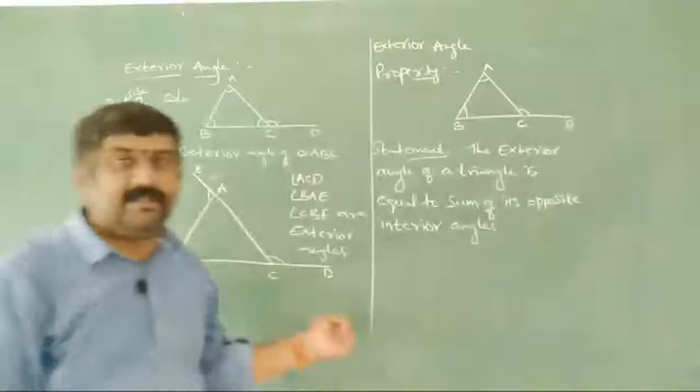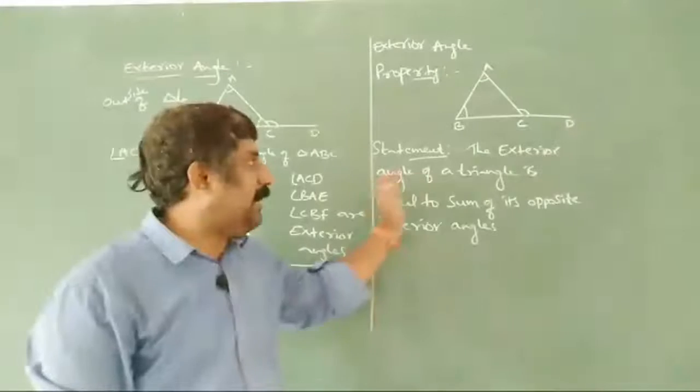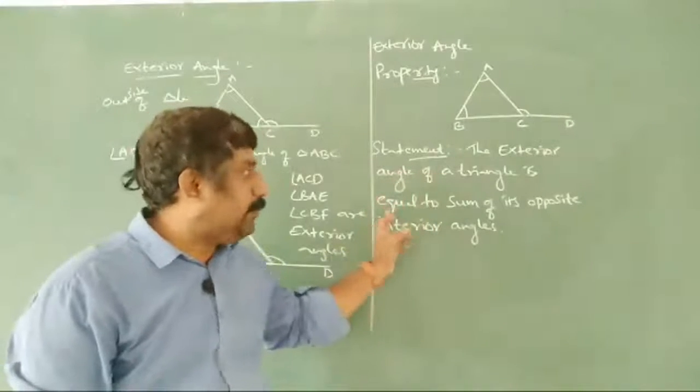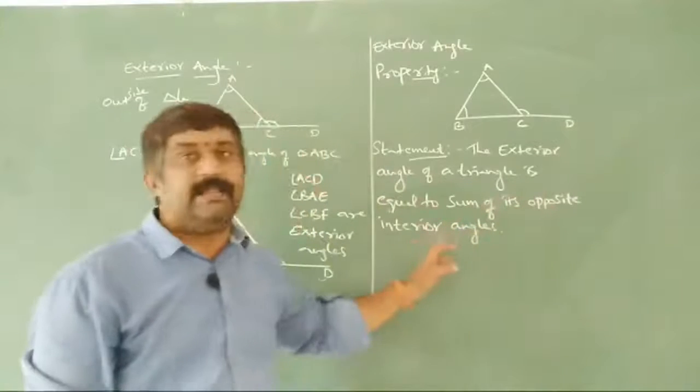So what is the statement we can write here? The exterior angle of a triangle is equal to the sum of its opposite interior angles.